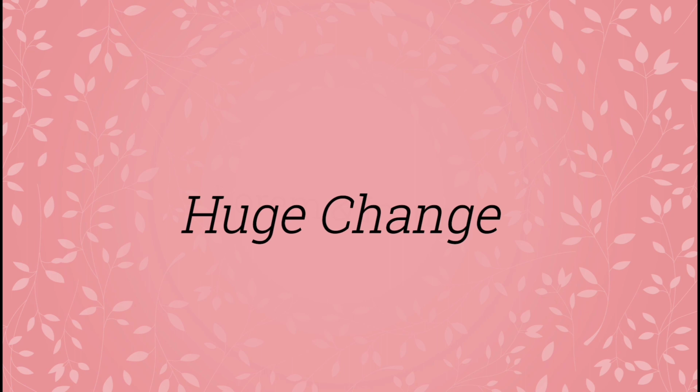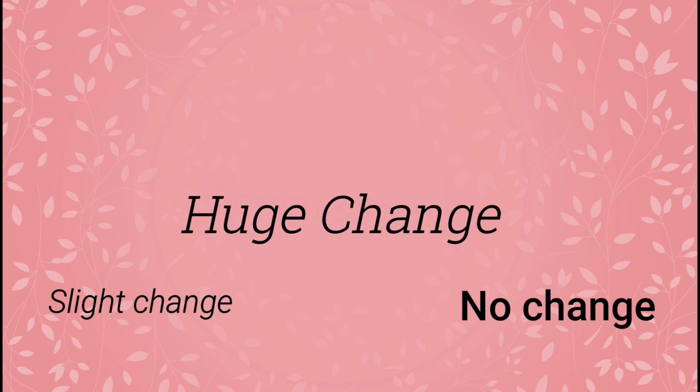If there is no change, you can write stayed the same, remained constant, stabilized. Or if there is a slight change, little change, you also can use different types of words: slight, gentle, gently, minimally, gradual, gradually, slow, slowly, steady, steadily.